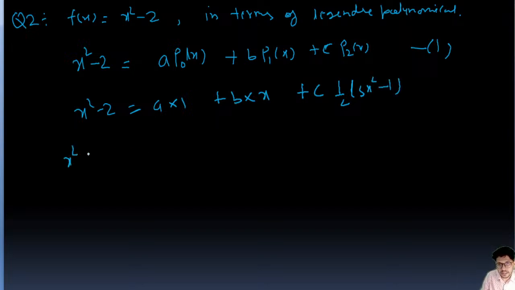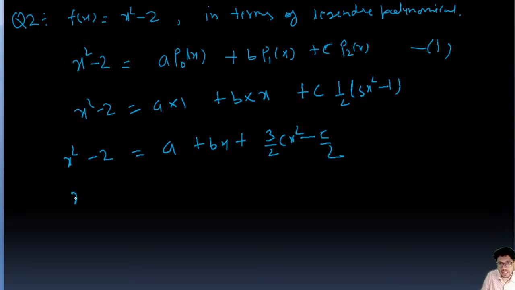So we'll write x² − 2 equal to a + bx + 3/2 c x² − c/2.